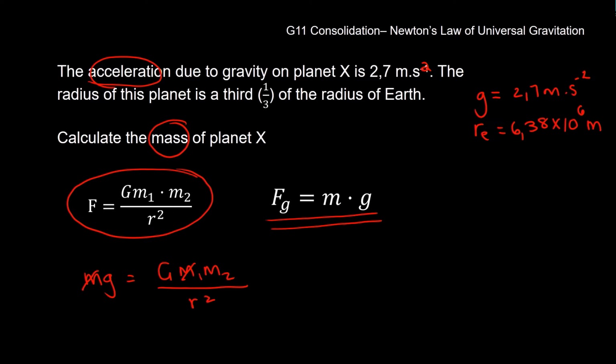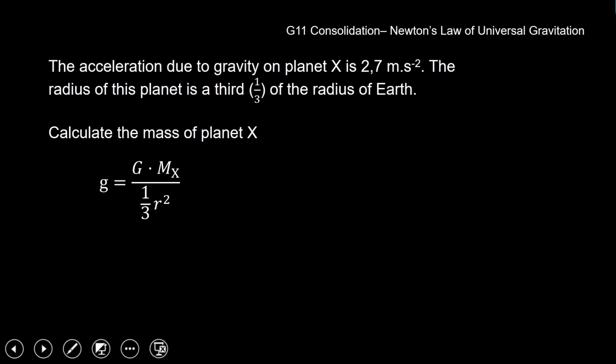And so we end up with a formula that looks like this. g, gravitational acceleration, is equal to the mass of the planet X that we're looking for, times the constant, divided by a third. Now look there, there's the third of the radius of Earth. Now all we need to do is substitute in and work with that third.